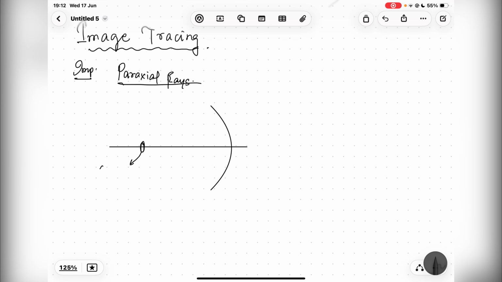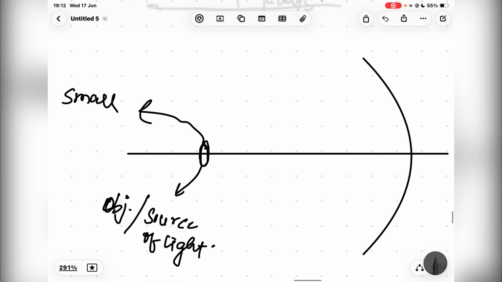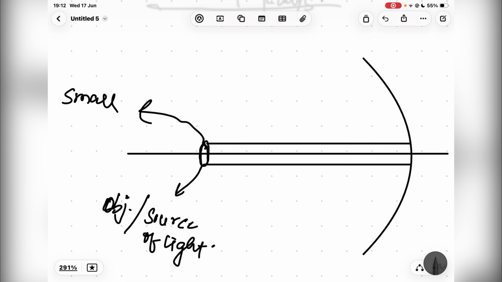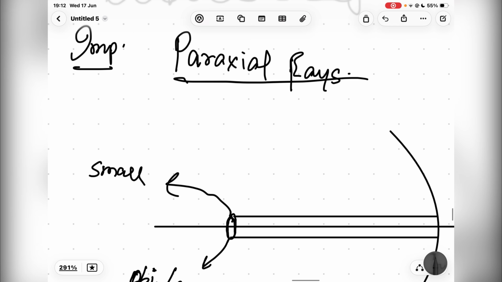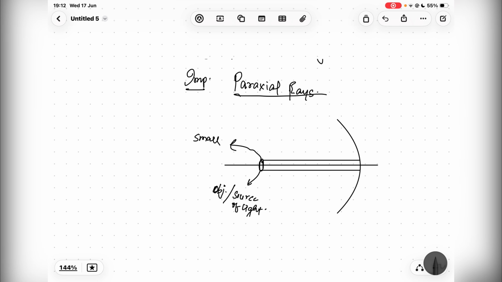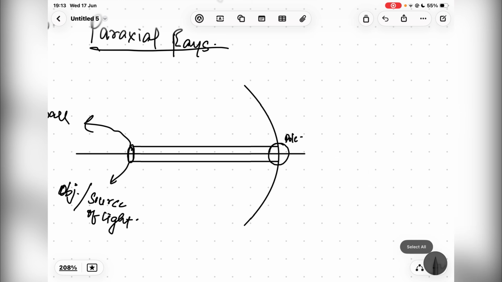It can either be an object or a source of light, and it is so small that the rays given by it are almost touching the principal axis, and all of the rays kind of fall directly near the pole.